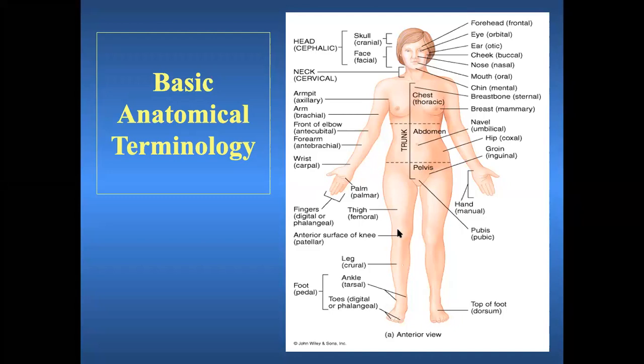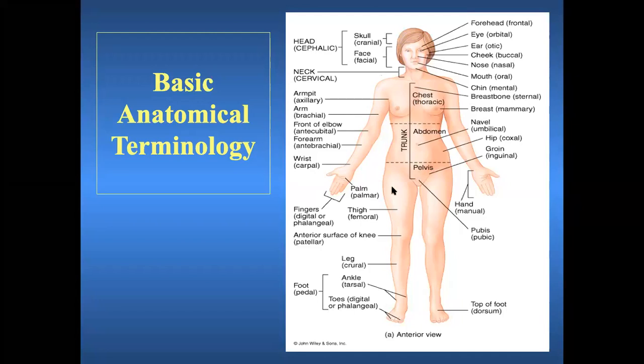What are appendages? Appendages are structures hanging from the main pillar, extra parts hanging from the main trunk. The skeleton present inside the limbs is called the appendicular skeleton. The skeleton present inside the trunk is called the axial skeleton.